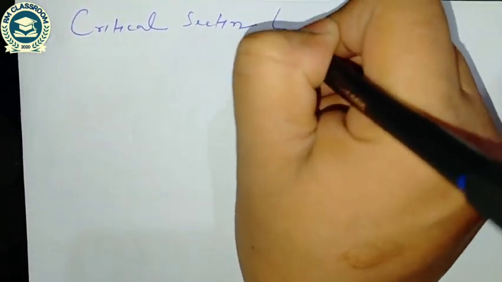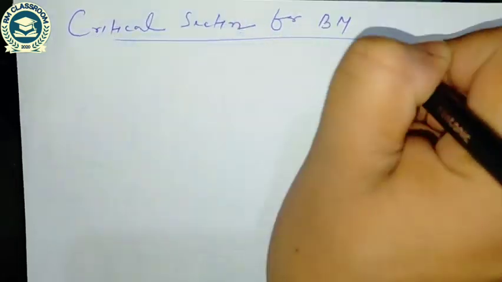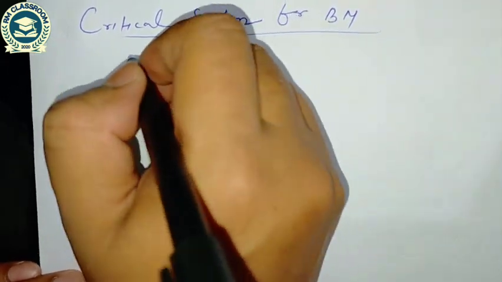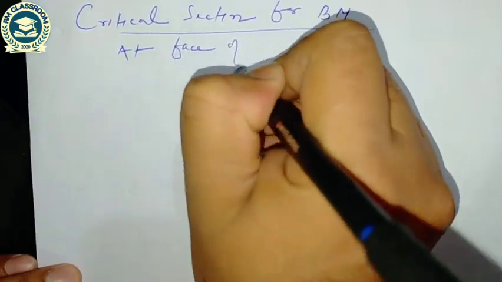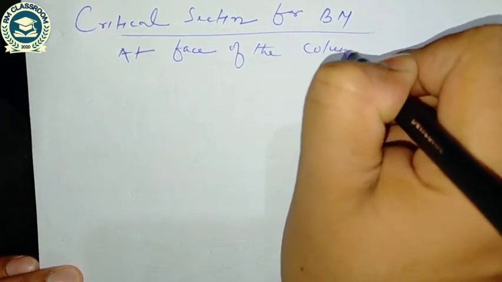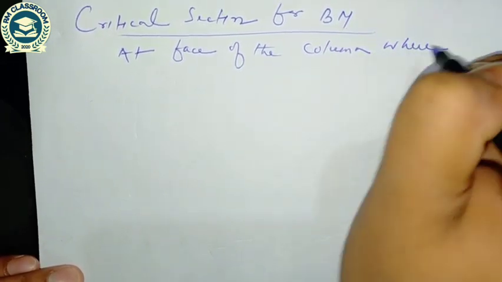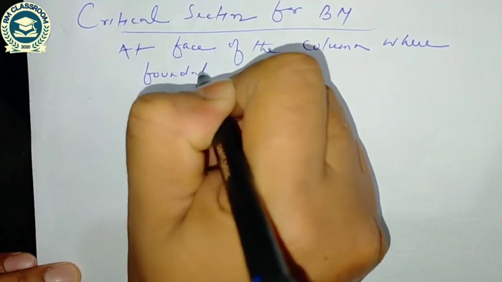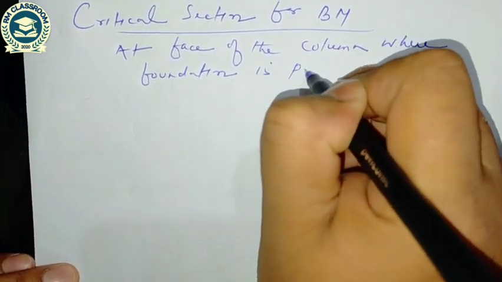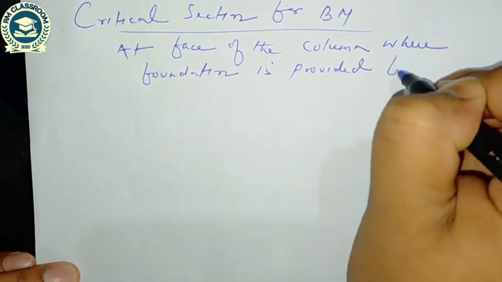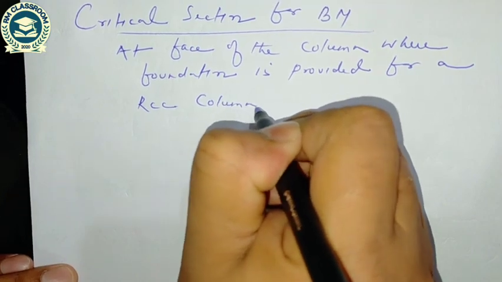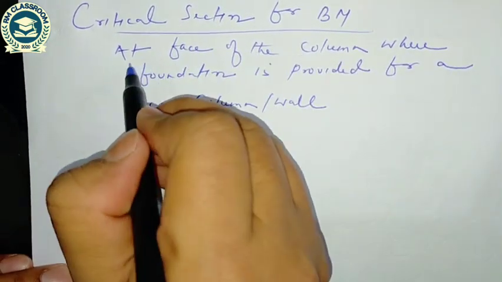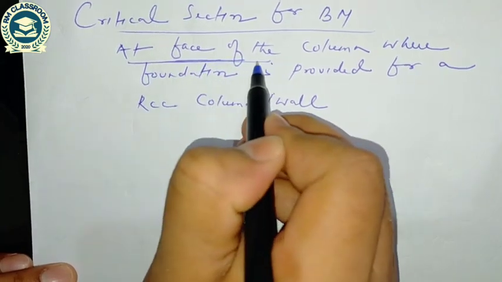So the code suggests, according to IS 456-2000, that for a foundation provided for an RCC column or wall, the critical section for bending moment is at the face of the column.